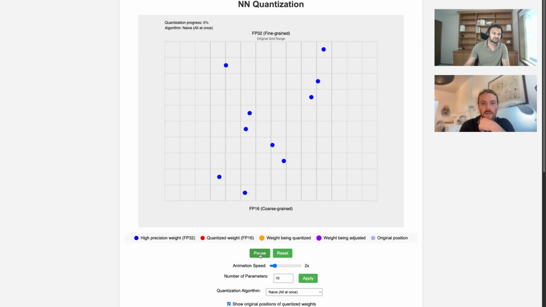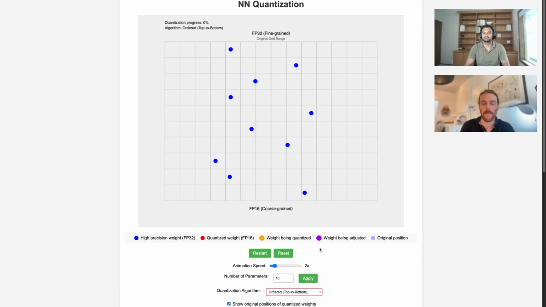If I restart, you see the trace of what they originally were. So this is my understanding of quantization before going into this deep dive. It's just mapping all of the parameters to a more coarse grid. That was my idea initially.